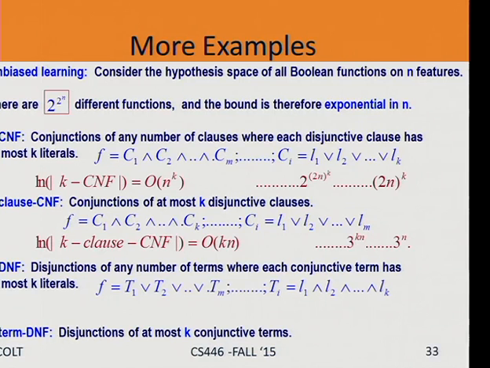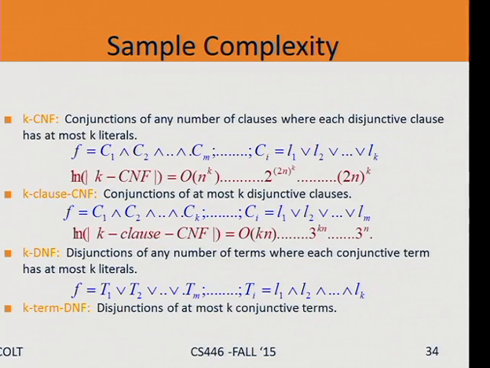And I'm going to stop on this class of functions, k-term DNF, which is a DNF of up to k conjunctive terms. This is why it's k-term. So again, this is a list. I did some counting here. You can think about how to count how many functions are in each of these classes yourself.